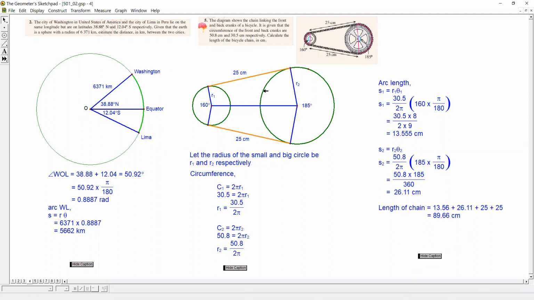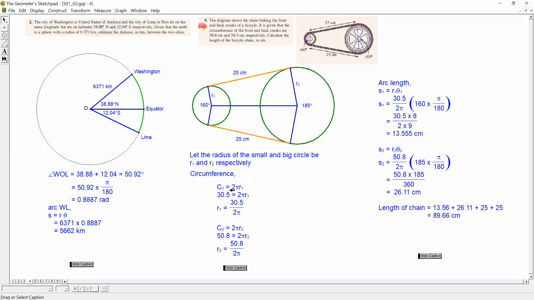Once again, I want to remind you, we are going to find the arc of the small circle, the arc of the big circle, plus the length of the two tangents. Before you find the arc of the two circles, you have to find the radius of the two circles. How? They give you the circumference.